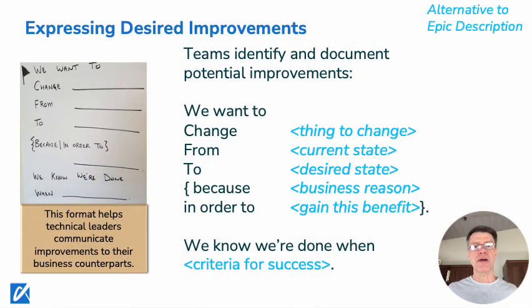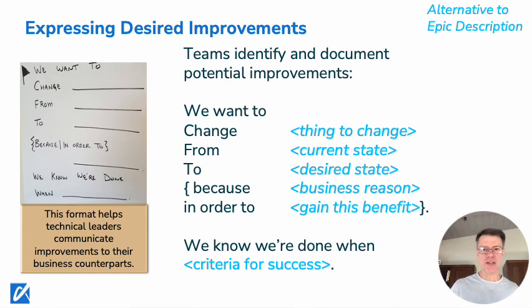Now, during the process of creating a visible architecture, we're going to find the need to create desired improvements. And we use a different format than the typical epic description of the Geoffrey Moore positioning statement. When we're working on visible architectures, we want to be really clear about the change we're making. And so we have found the following template to be very helpful.